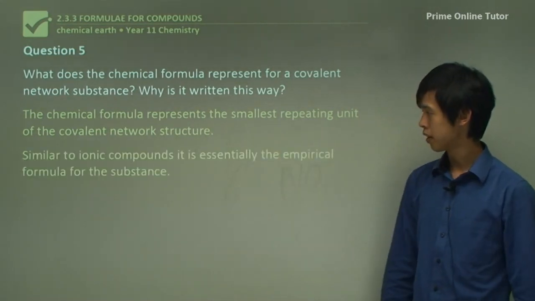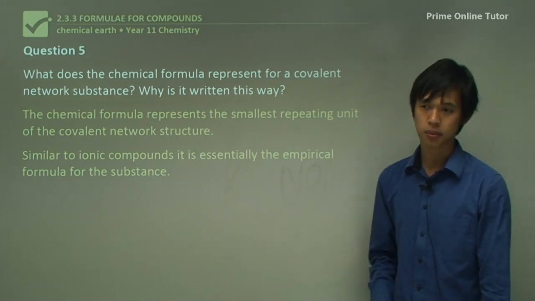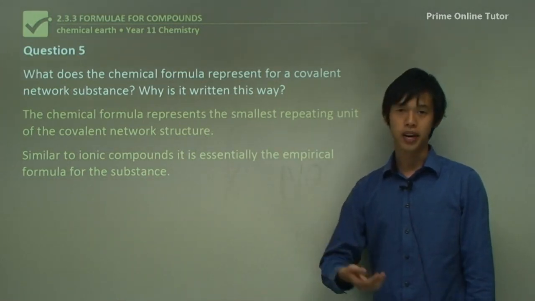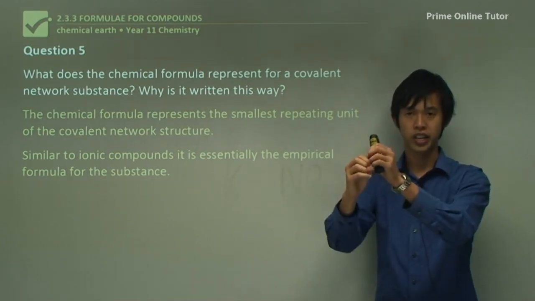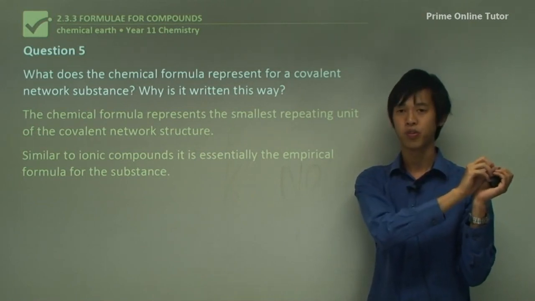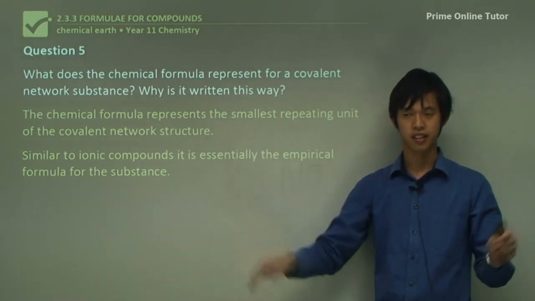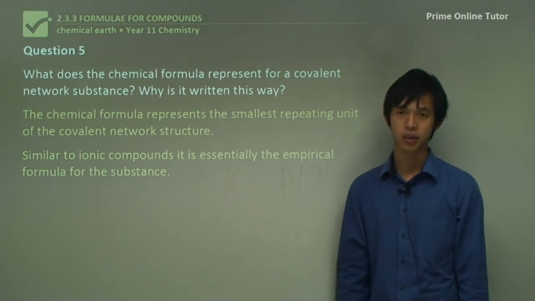Okay? Similar to ionic compounds, it is essentially the empirical formula for the substance. So in ionic compounds, the same thing happens. You get sodium, then chlorine, then sodium, then chlorine, then sodium. So you just write sodium and chlorine together, rather than writing a billion different Na and Cl. You just write one. So it's the same thing with covalent network structures.